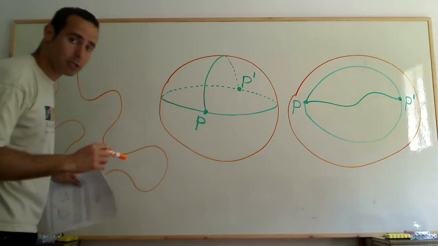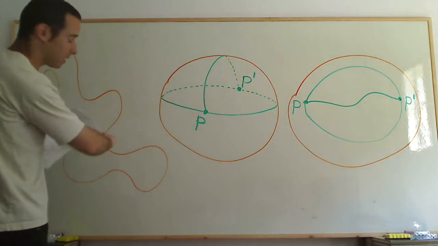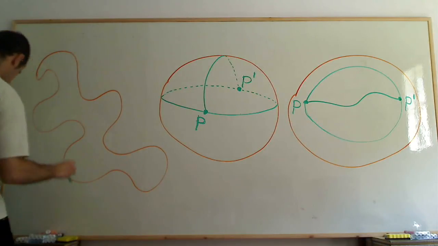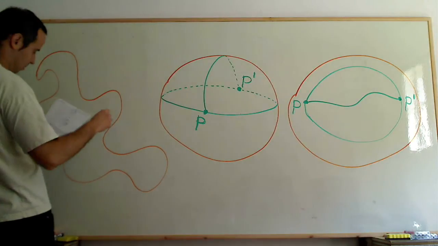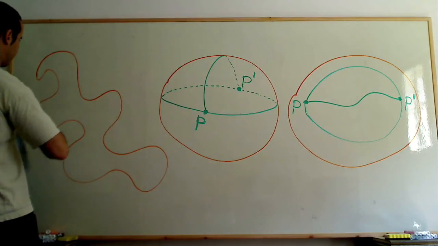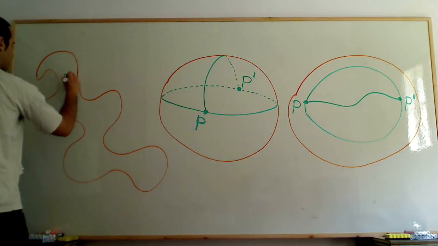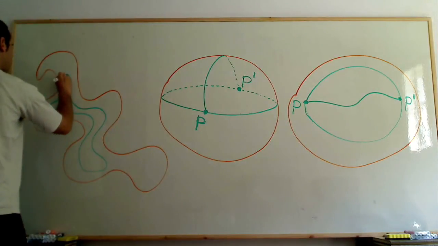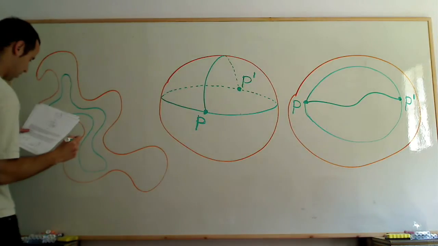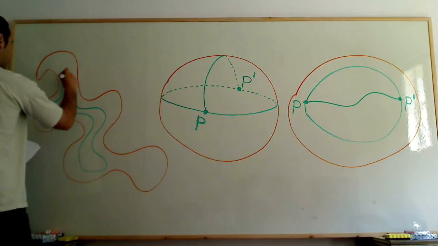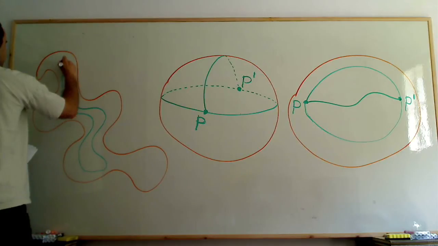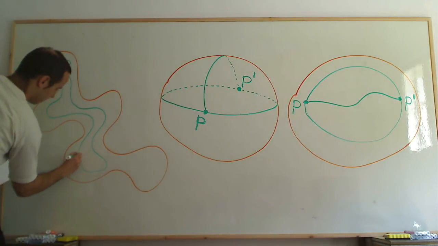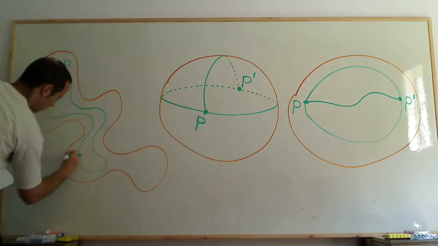In topology, we don't care if we twisted it or bent it or stretched or squeezed it, it's okay, as long as this shape will still have P and P prime, let's put it here.